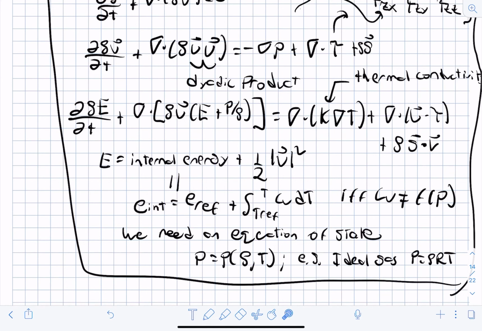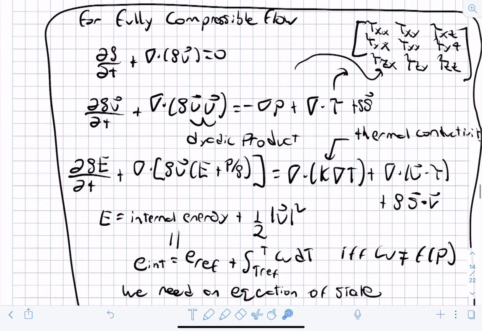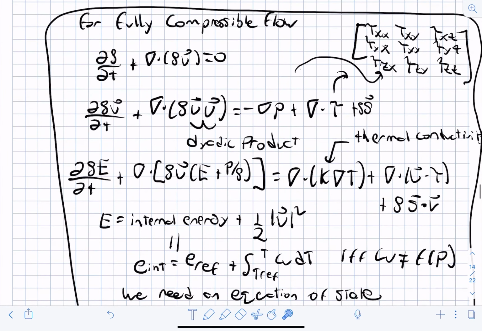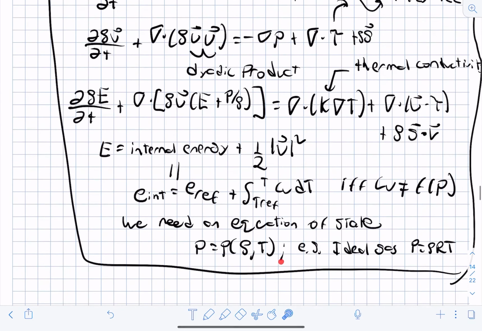And then basically you could think of now we have an equation that can give us information on density, equations that can give us information on the velocity vector, and equations that can give us information on the internal energy and thus the temperature. Then if we want to know what the pressure is, we still need an equation of state, and so you can use the standard ideal gas law.